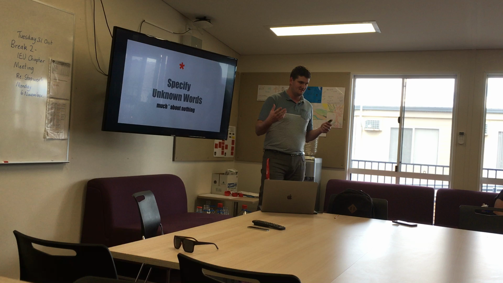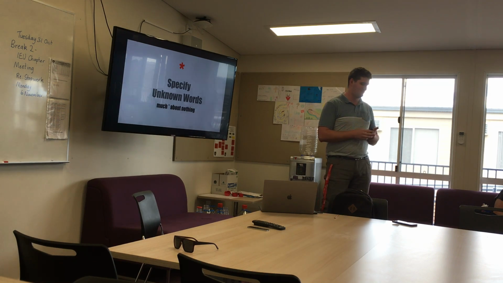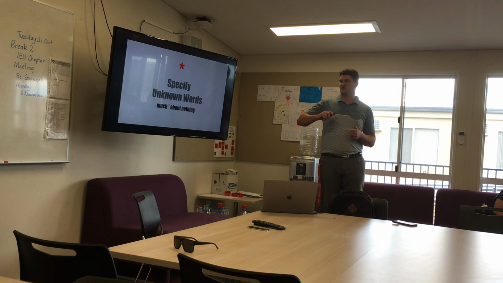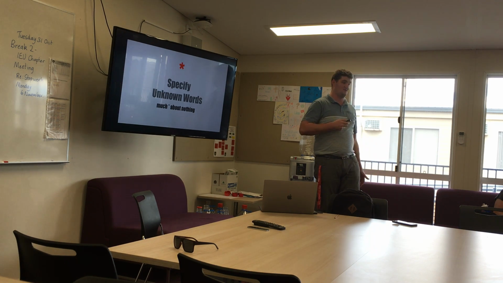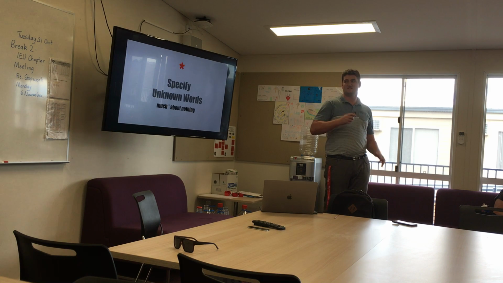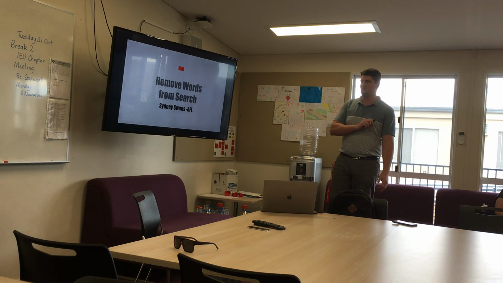We're thinking of Much Ado About Nothing, but Google is smart enough to know that if we put the little star in there, it will find every example of something that matches.